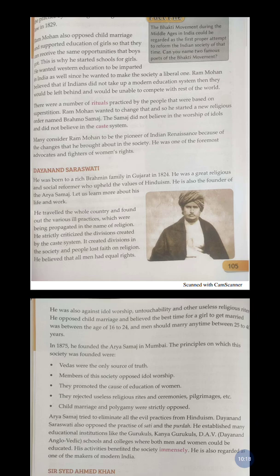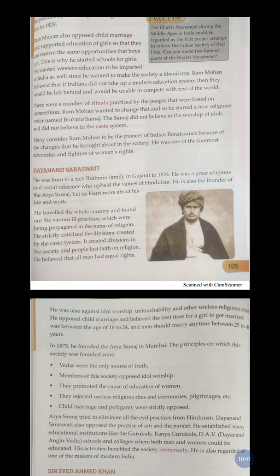He strictly criticized the divisions created by the caste system. The people used to make divisions in the caste system, and he strictly criticized this.